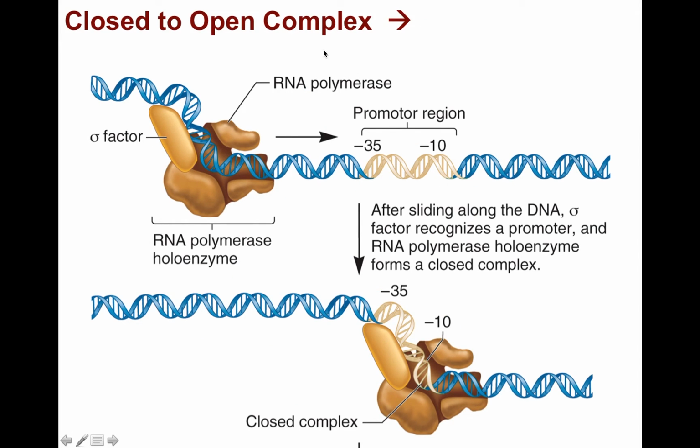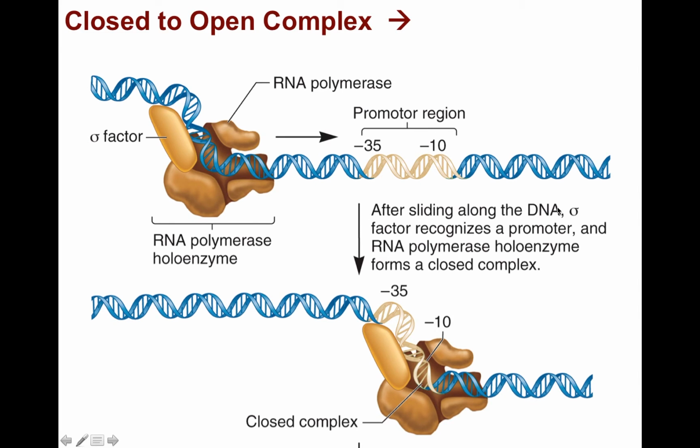The transition from a closed complex to an open complex is the two phases of initiation of transcription in prokaryotes. RNA polymerase with sigma factor on it will scan along a DNA molecule until it encounters a promoter.